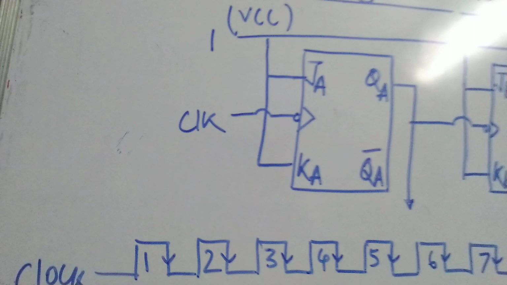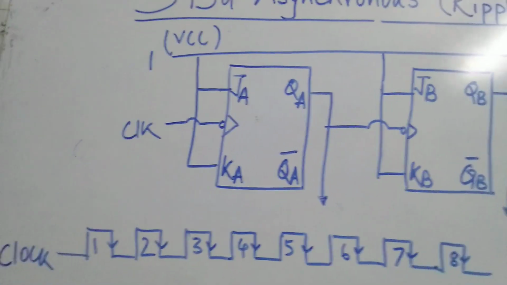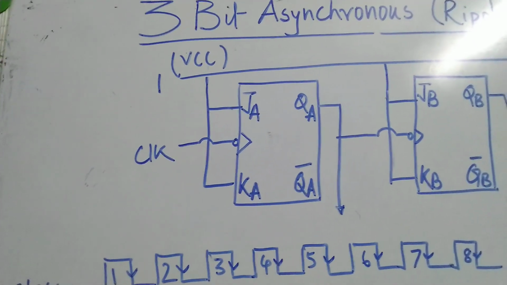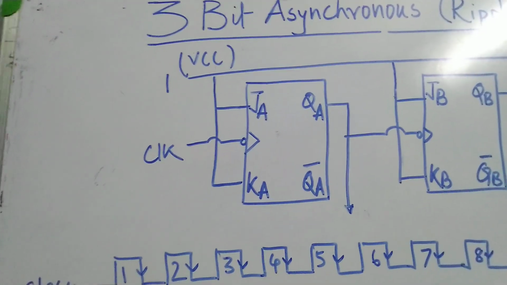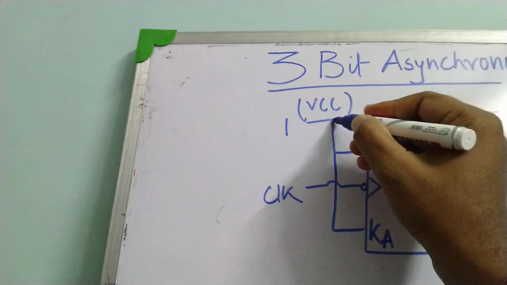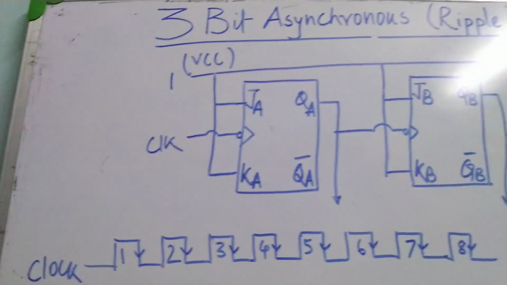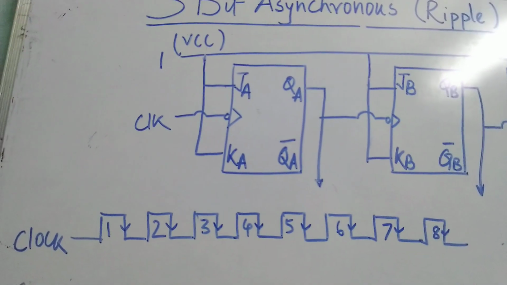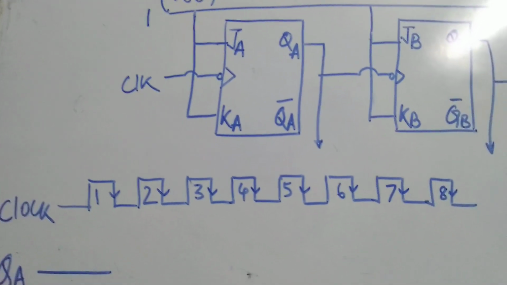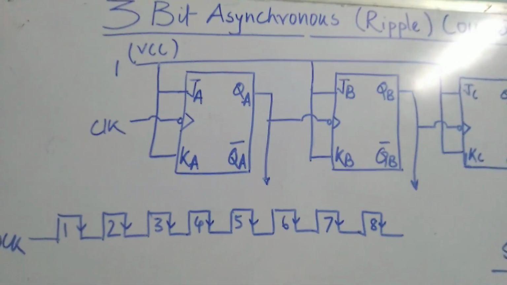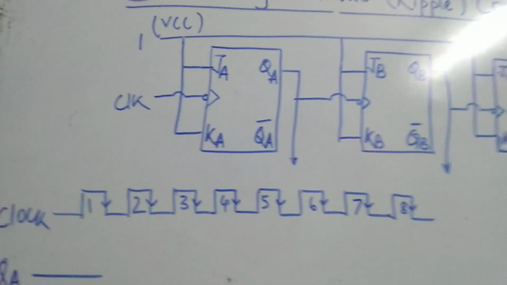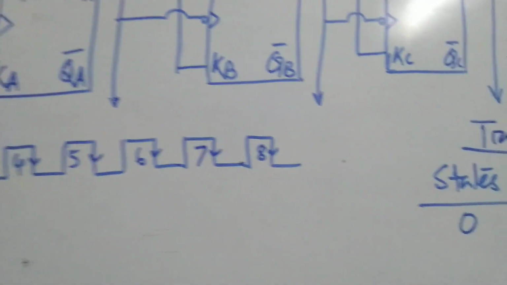Now when we apply the clock pulse to the first flip-flop, that is the least significant bit stage of the counter, the inputs J and K of this flip-flop are 1. So whenever a JK flip-flop has J and K inputs 1 and a clock pulse is applied, then the output QN toggles. So here QA toggles.